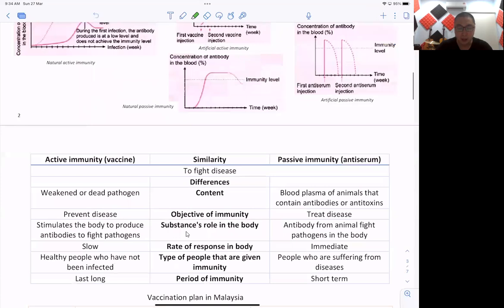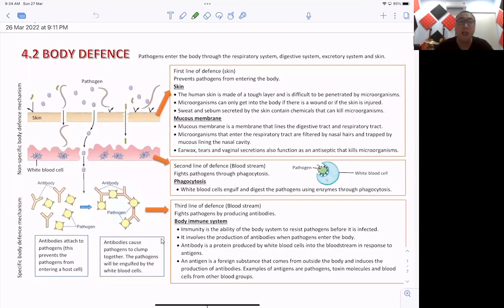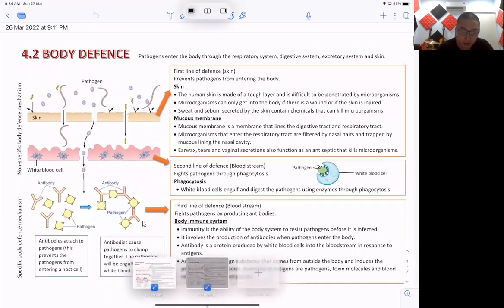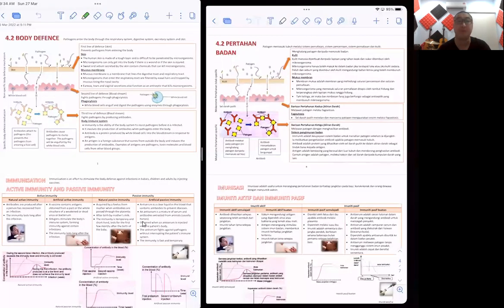So you will notice there are two languages right there. And then how do I teach in dual language? I can actually do this.